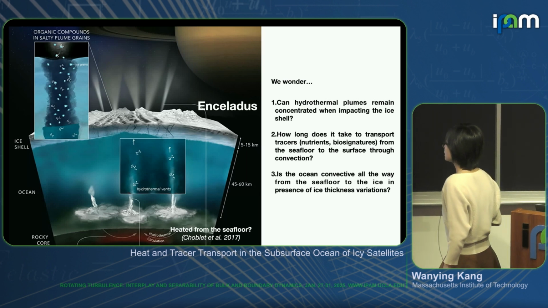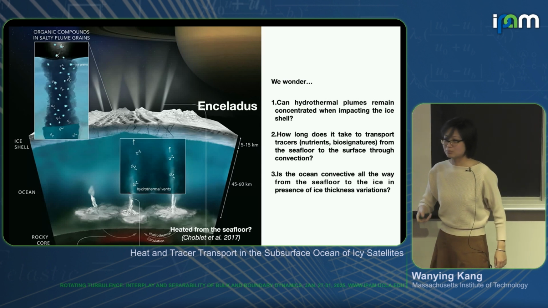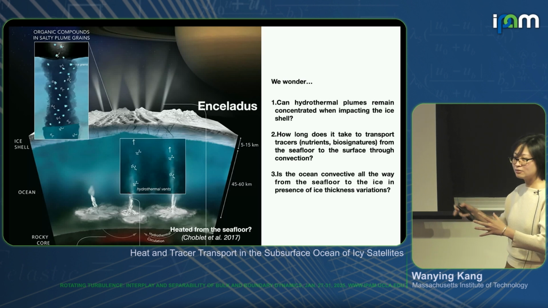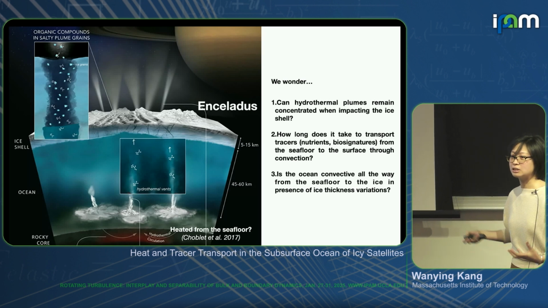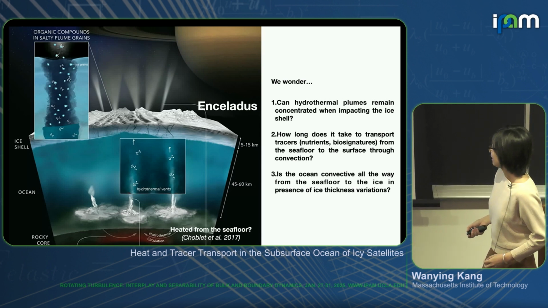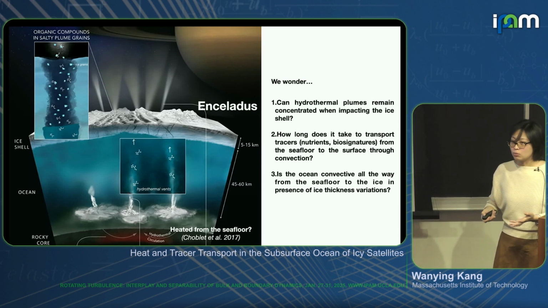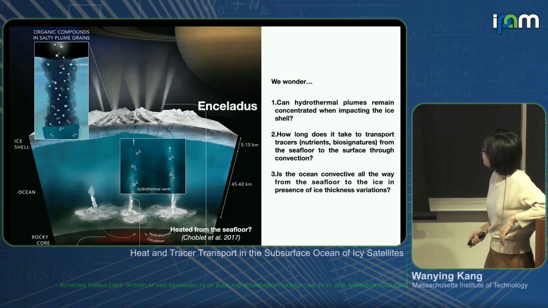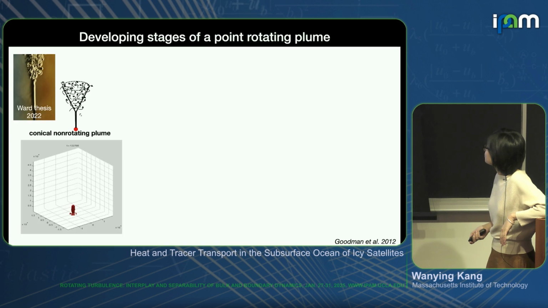And finally, we want to get back to the question that Michael just asked. So if you have this ice thickness variation, can you really deliver anything across the stratified layer? Or to answer the question whether the ocean is going to be stratified or convective. Okay. We're going to start from the first one.